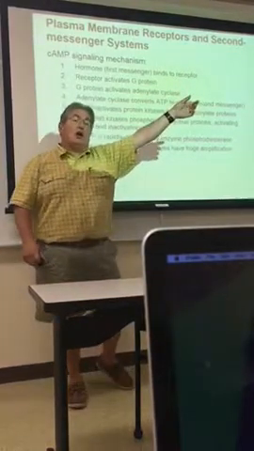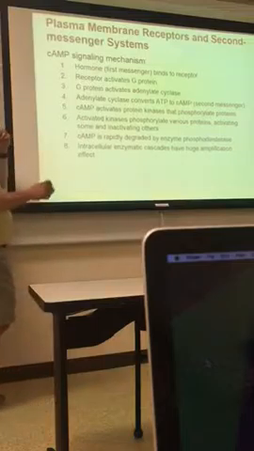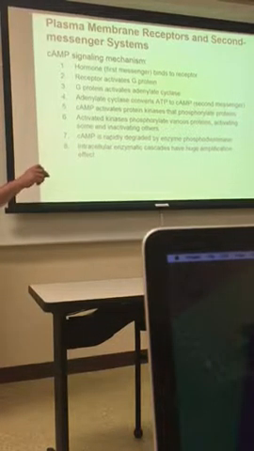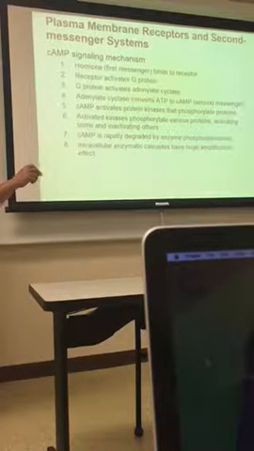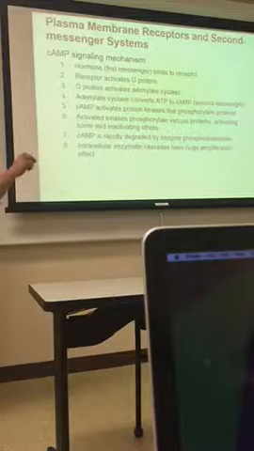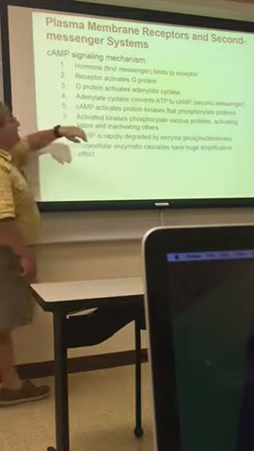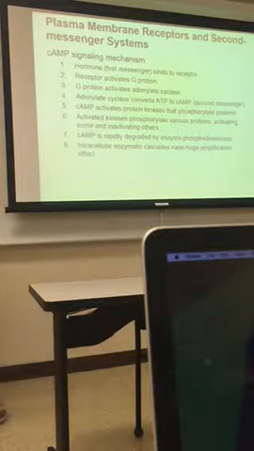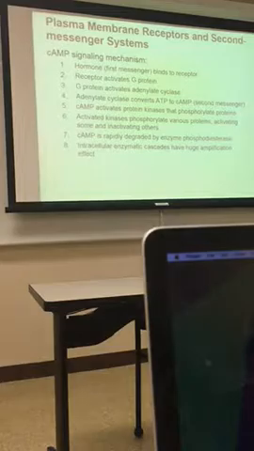This is similar to what we saw before with the eye and the photoreceptor. So we have an inactive enzyme ready to rock as long as we take this G protein and stick it into a binding site on that adenylate cyclase. Adenylate cyclase then converts ATP, which we know is around in the cell, to cyclic AMP. Cyclic AMP is an internal messenger now.